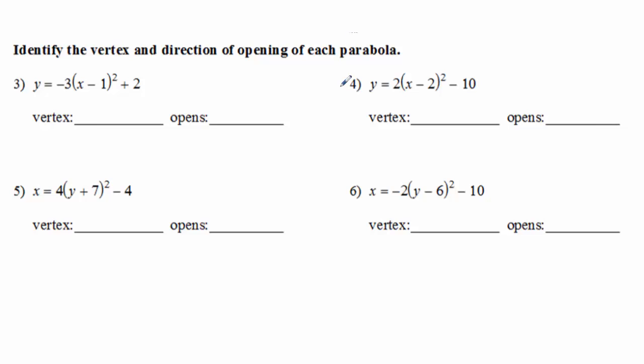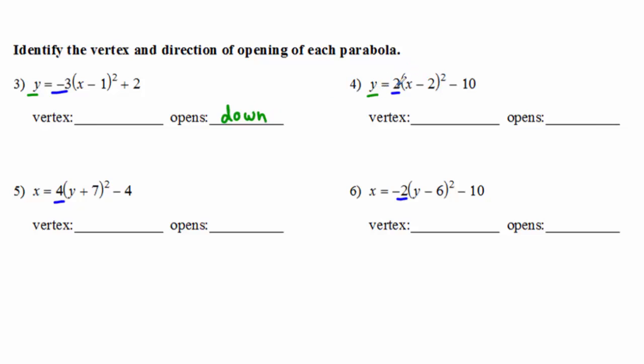Now parabolas can open left, right, up, or down, and to tell which way it's opening, you look at what letter it's solved for, and then you look in front of your parentheses at whether that's a positive or a negative number. So first off, if it's y equals, it's up or down, and since it's a negative in front, that means it opens down.